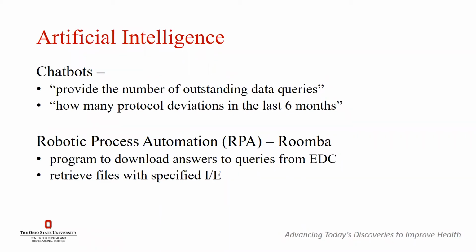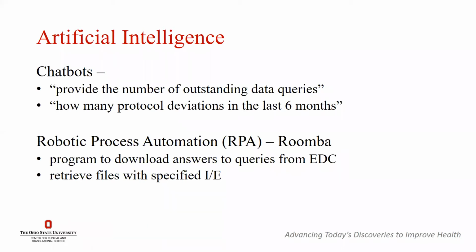So you would have a device that you would, much like you would do to Siri or Alexa, and say, it's set up around a given study, and you would say, provide me with the number of outstanding data queries at all of the sites, or how many protocol deviations has the study had in the last 6 months. And the computer or machine, as they tend to term it, would go ahead and calculate that by looking at the data that is available to them.